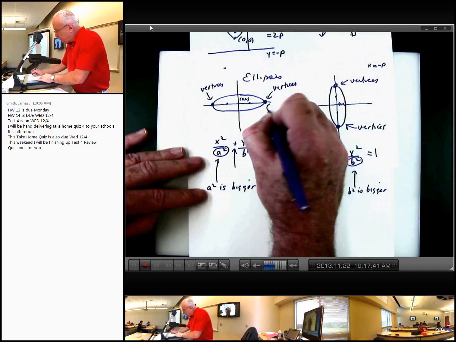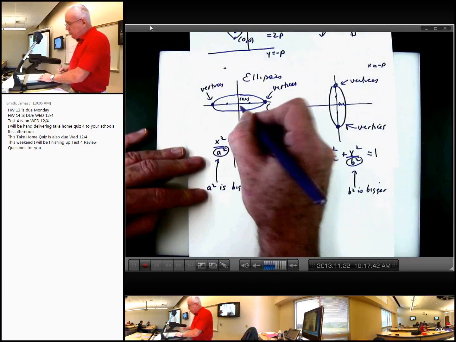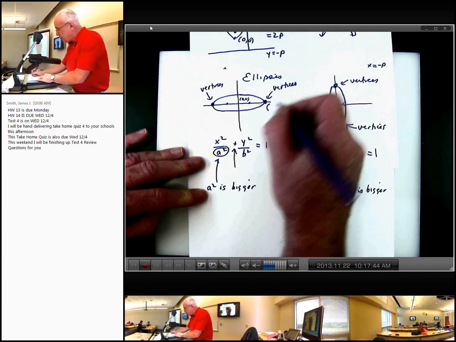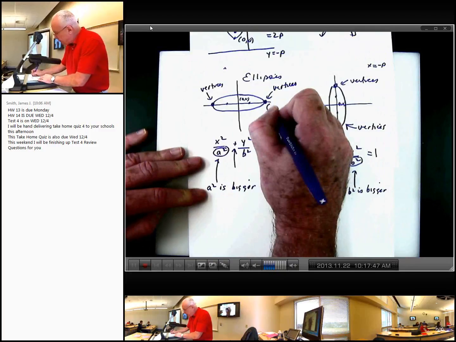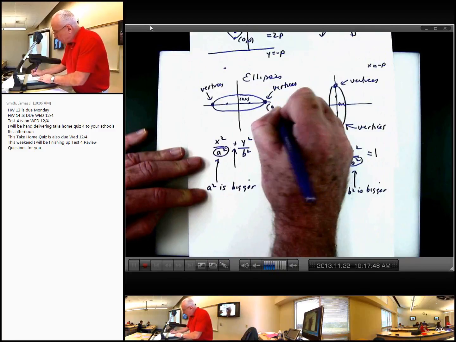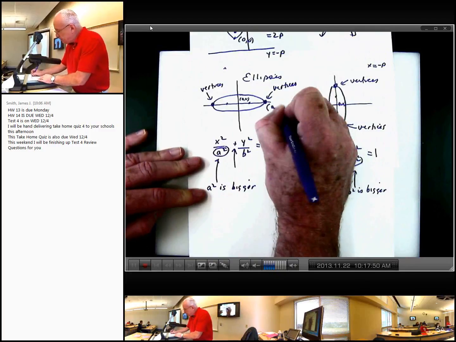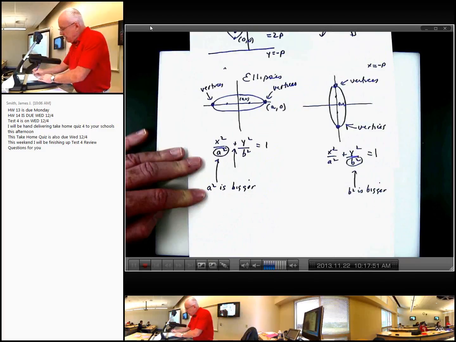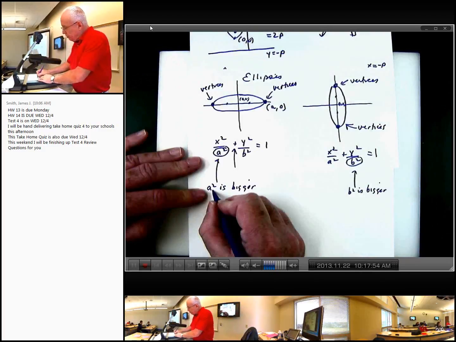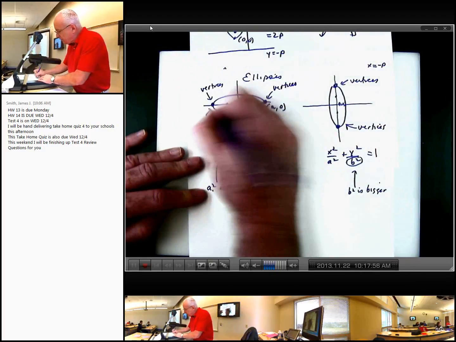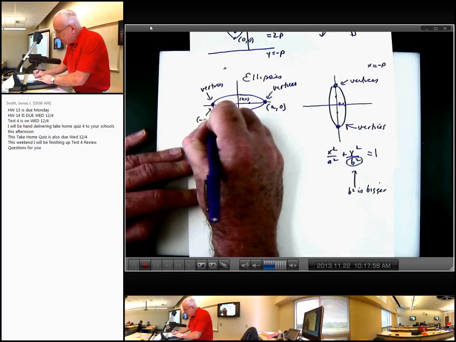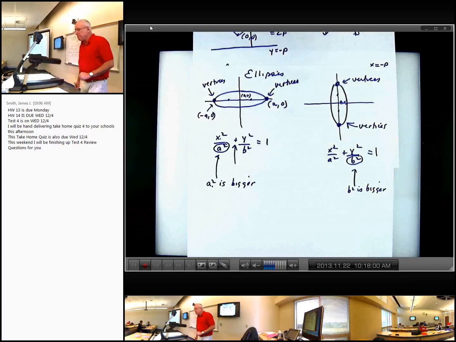The vertex then, since it's centered at 0, 0, would have an x value of a. We're assuming a is positive, and then a 0 for the y value. This is from the bigger number under the x, and then the other vertex is going to be negative a, 0 for the y.